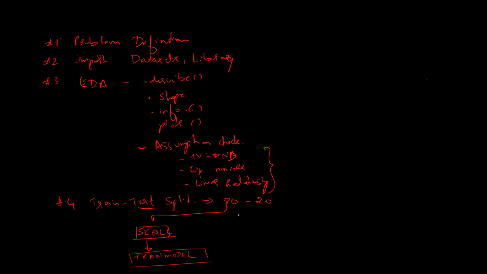Okay. And then what will I do with this? Let's say I train my model. What do I do then? We test. I find out my RMSE, R square. I do my validation.